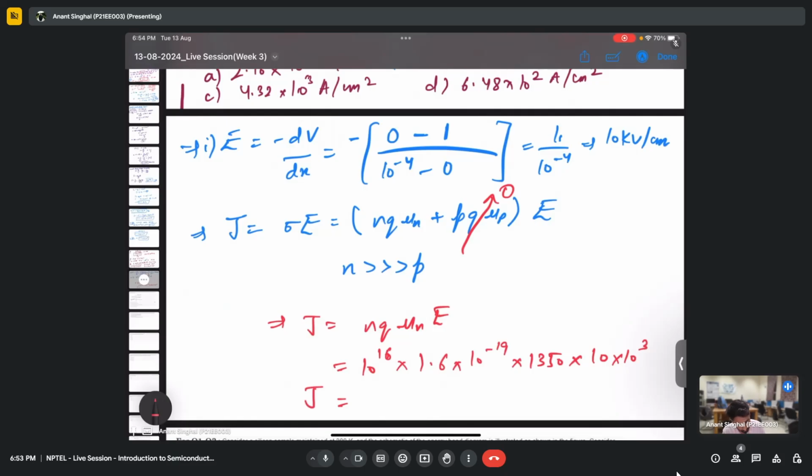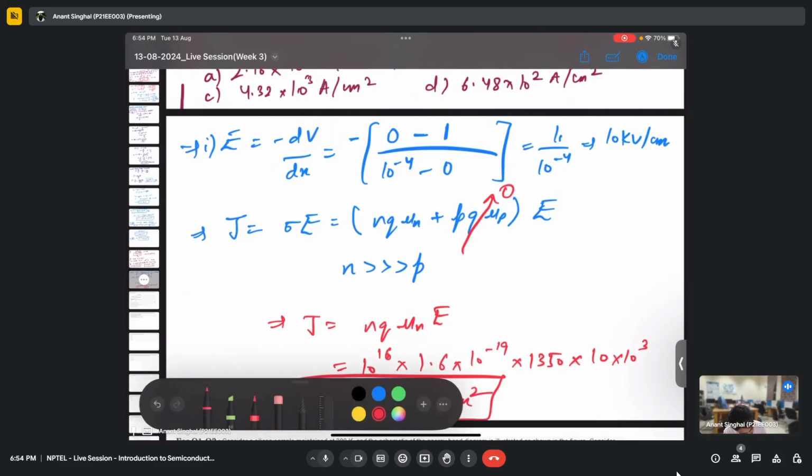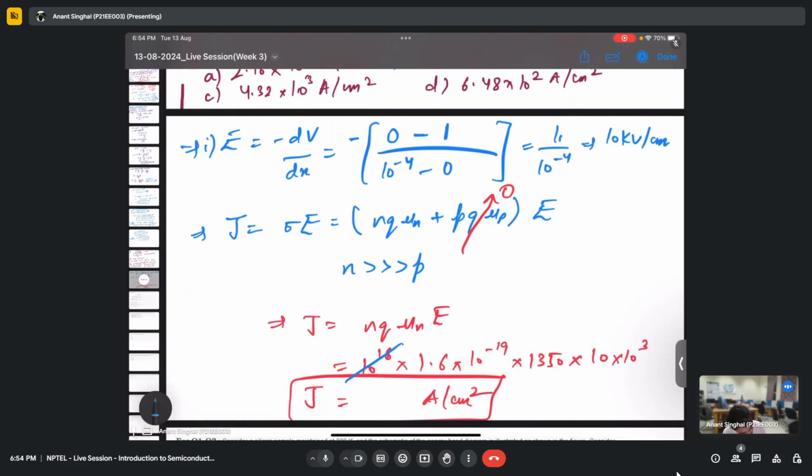So this will be the electron current density in ampere per centimeter square. If I calculate it quickly, this will be 16 minus 3 plus 3. So this will be 135 times 16, or you can write 1.35 into 1.6 into 10 raised to 3.